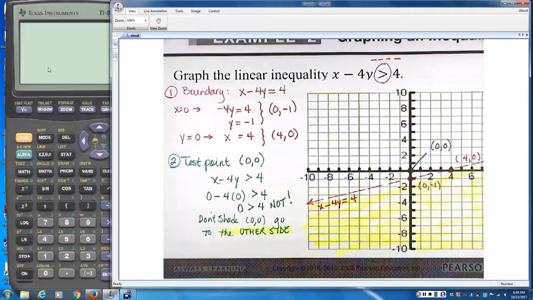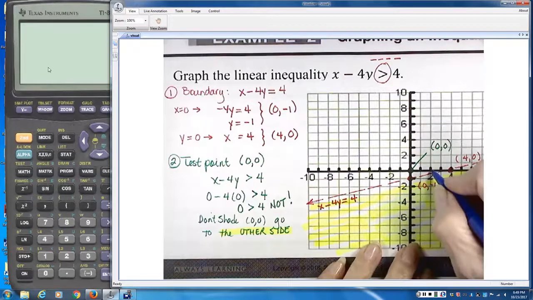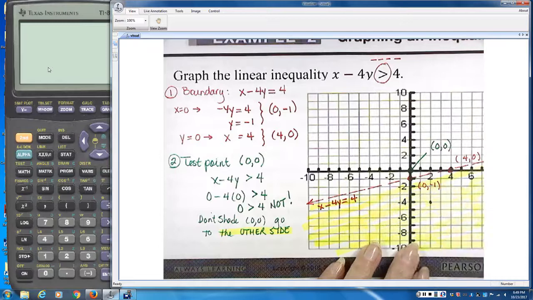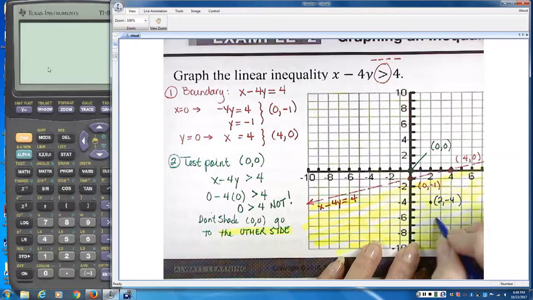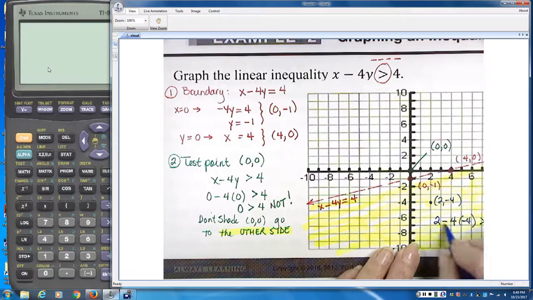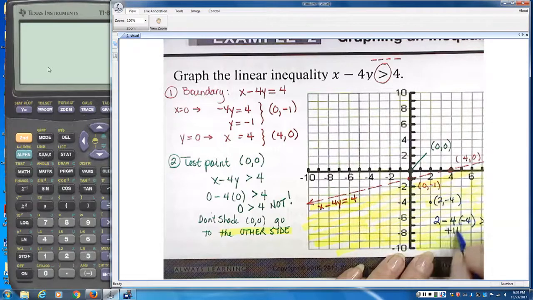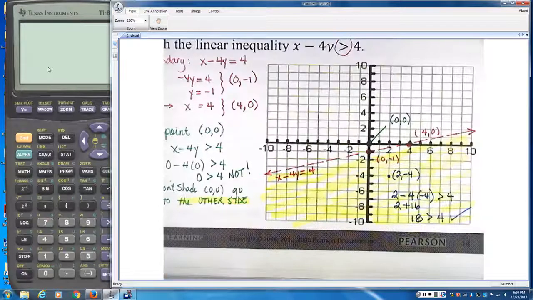For example, if I want to check and make sure that I'm right, here's the point 2, -4. So x is 2 minus 4 times -4. And I'm going to find out that is greater than 4, because -4 multiplied by 4 is -16, and minus -16 is plus 16. And 2 plus 16 is 18, and 18 is definitely more than 4. I could pick any other point down here in this yellow area, and it would be true.